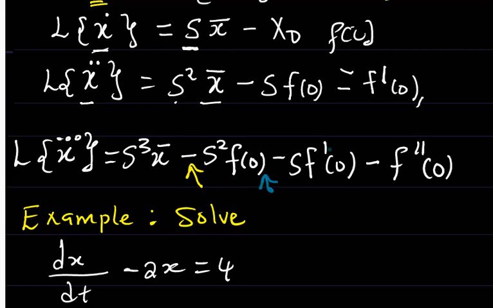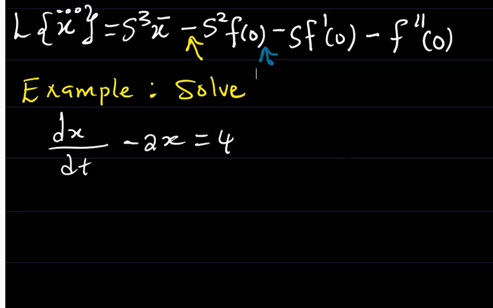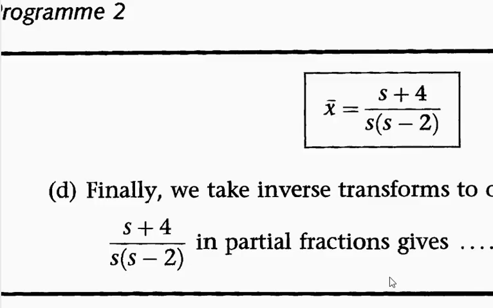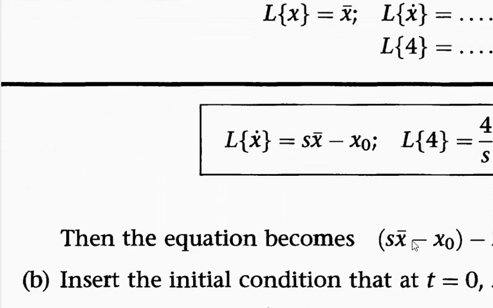Okay, so now let's solve a very simple equation. In this equation, the initial value is given. The initial value at t equal to 0: x of 0 is equal to 1.